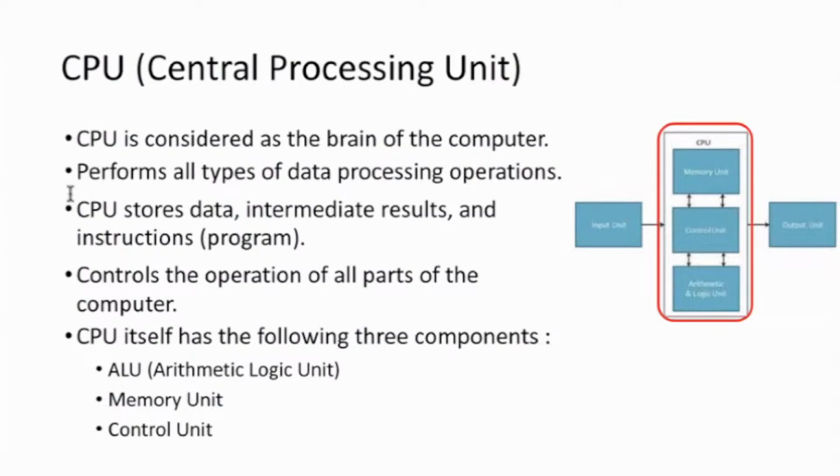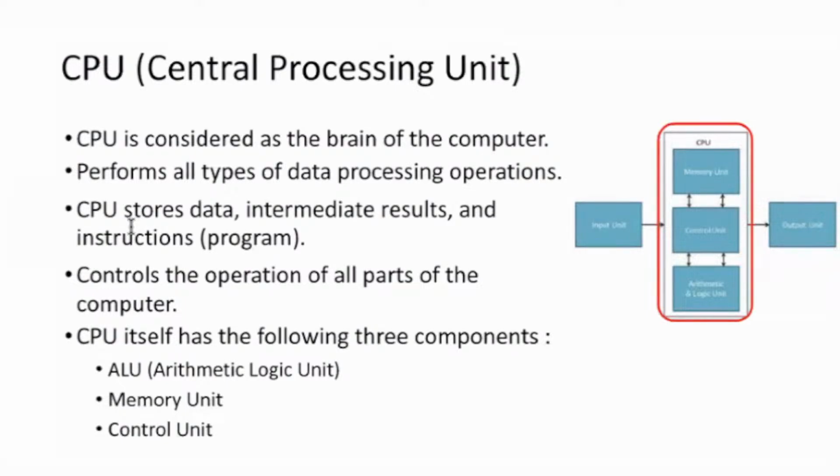Okay. So the CPU stores data, intermediate results, and instructions. That means when we input our data, it is stored in our CPU, in our memory, in our ROM and RAM. Then it makes new information using our data. According to our instructions, we have to give it data and instructions to make new information. Without data or instructions, we cannot make new information.